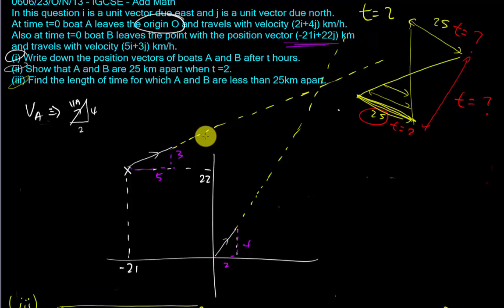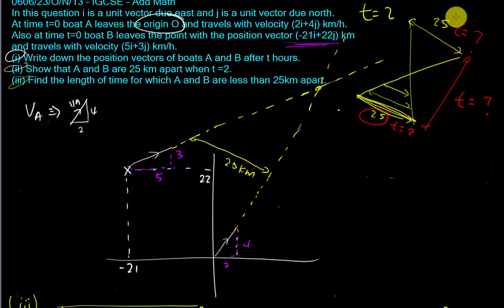And then when t equals 2, they have moved for a certain time and their distance over here is 25 km. After that they will be less than 25 km. After they meet already, they will become further and further from each other, and at some point they will be 25 km again.